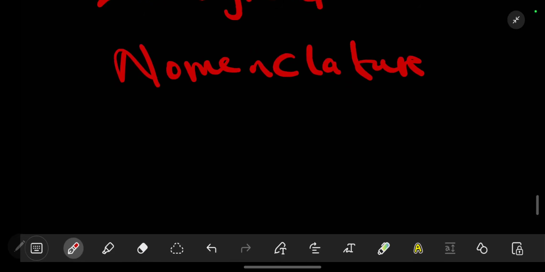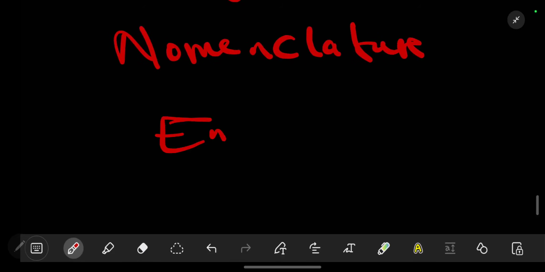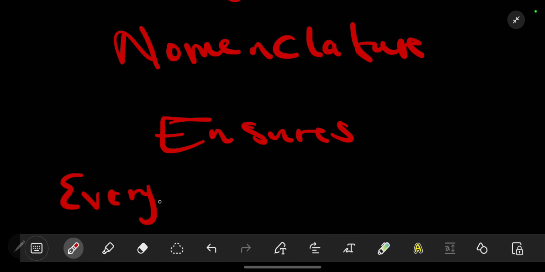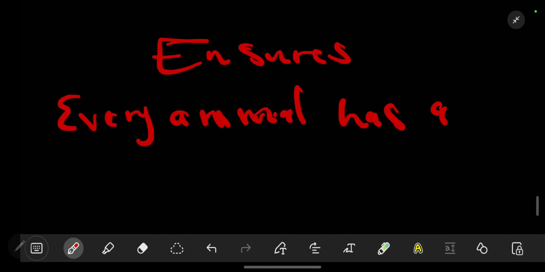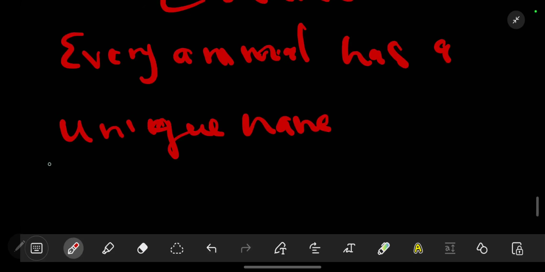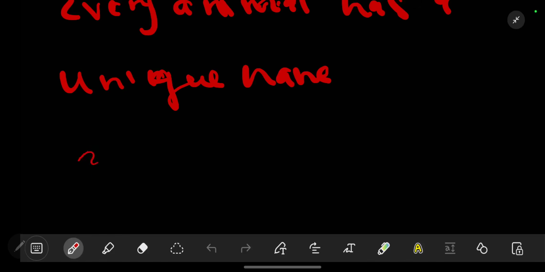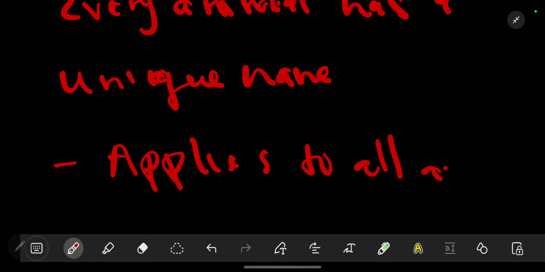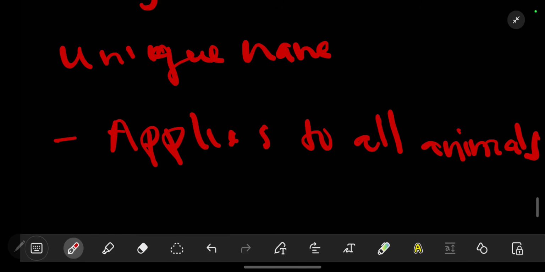This also ensures that every animal has a unique name. That's number one. This also applies to all animals.